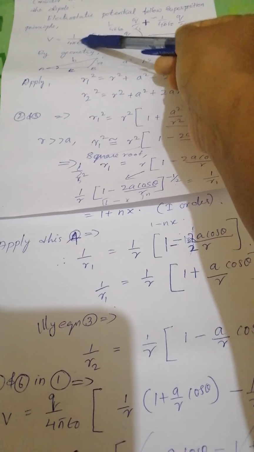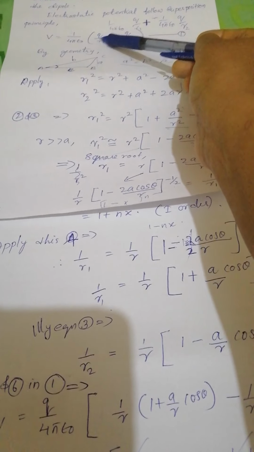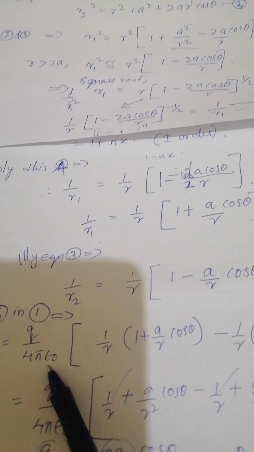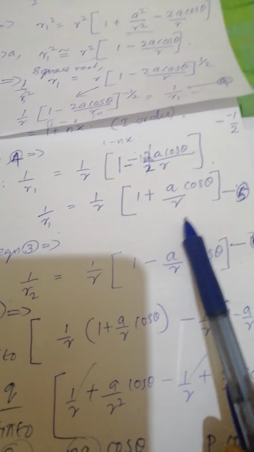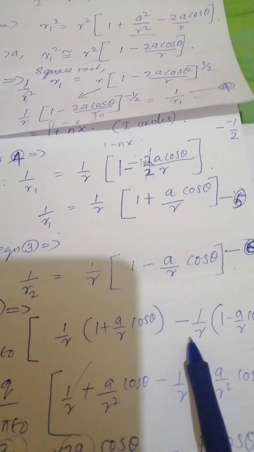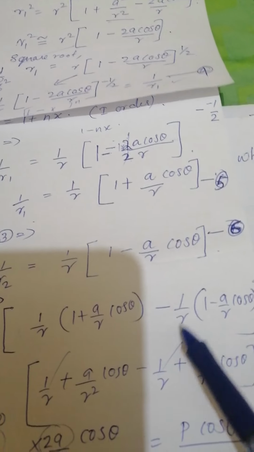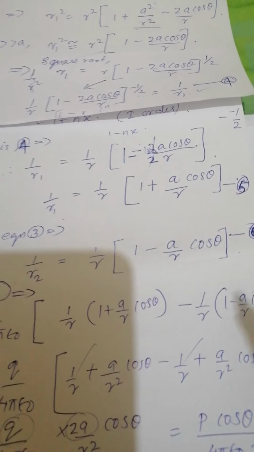is equal to 1 by 4 pi epsilon 0. Q is common in these two, so we will take q outside, that is q divided by 4 pi epsilon 0. Now 1 by r1 is 1 by r, 1 plus a by r cos theta, minus 1 by r2. 1 by r2 is 1 by r, 1 minus a by r cos theta.